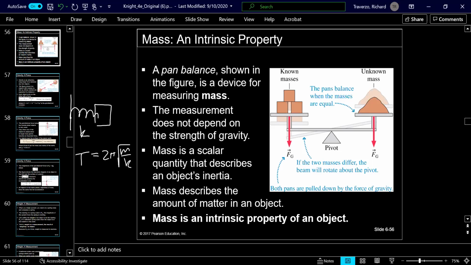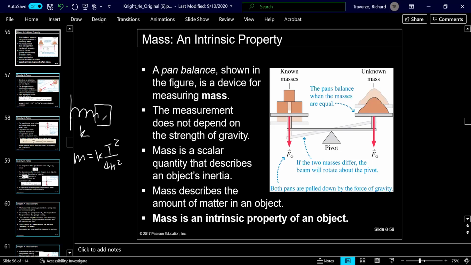If you knew the stiffness of the spring, you could show that m equals k times T squared over 4 pi squared. That'd be how you could measure the mass of an object outside of gravity in deep space.